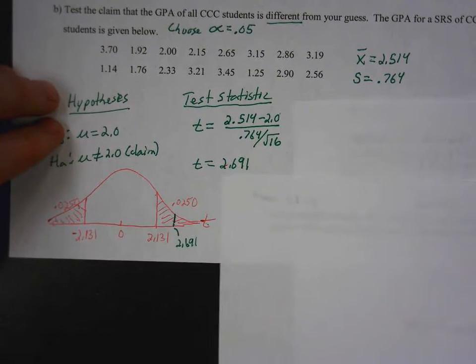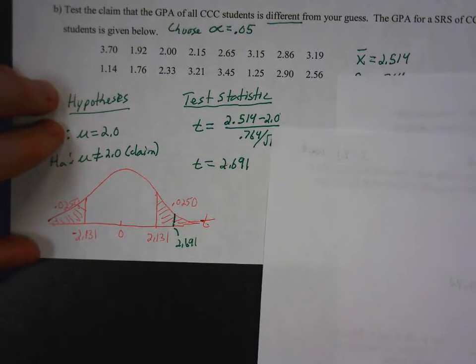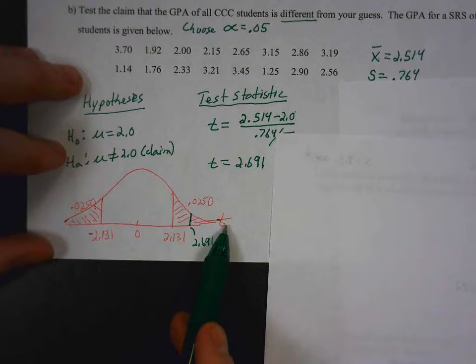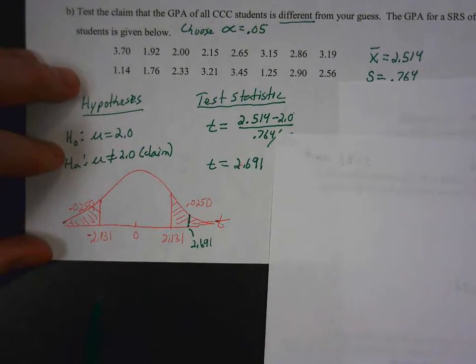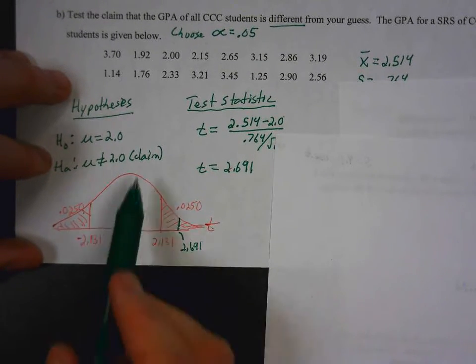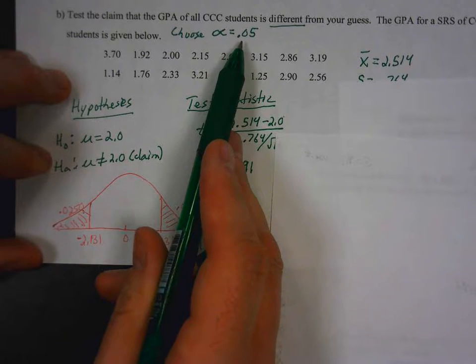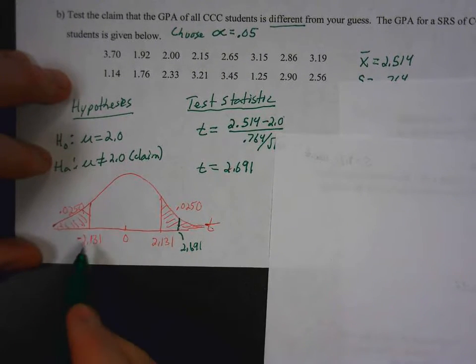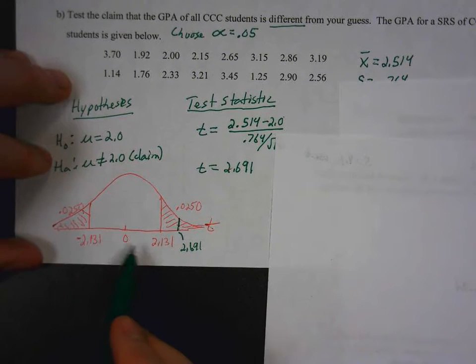So are we going to reject H0 or not? So what is our decision? Well, on our graph, we draw our t-distribution, and for a two-sided test with alpha equals 0.05, two-sided because of the not equals, that gives us 2.131 for the t star value, negative and positive because we can be on either side.